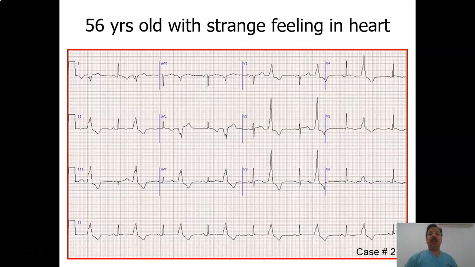Case number 21. Here is a 56-year-old with a strange feeling in the heart. So it looks like a little funny ECG, but let's go to the rate and rhythm at the rhythm strip, lead 2 at the bottom of the ECG. If you look here, there are two different shapes of QRS complexes, and they are regularly occurring.